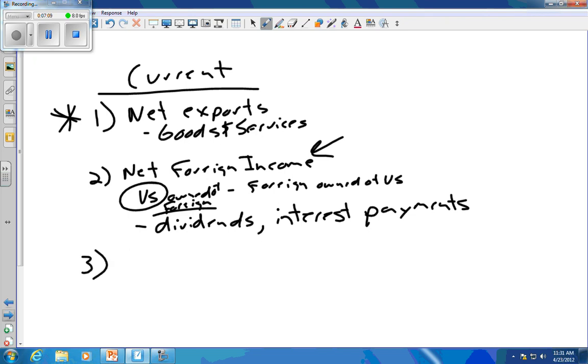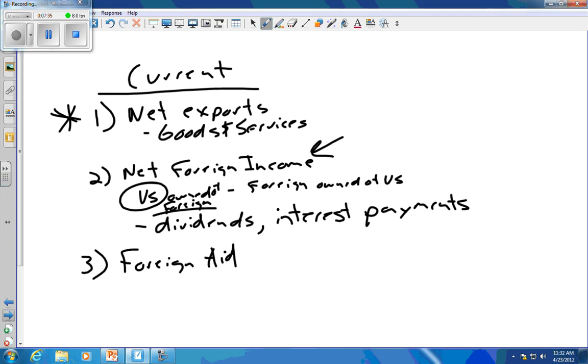And the last thing that goes on this side is like foreign aid, and you can think of it one of two ways, like when we actually give other countries foreign aid. So Haiti has an earthquake, the country's devastated. When we give them money, that goes in the current account, and that would be a debit to the current account because money's leaving our shores and going there.